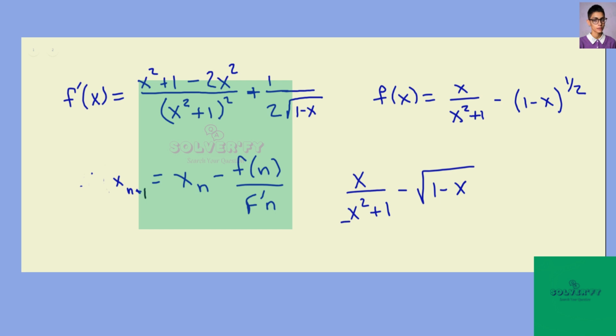So I have, that's my prime. My function is x over x squared plus 1 minus the square root of 1 minus x, over f prime, which is 1 minus x squared over x squared plus 1 squared, plus 1 over 2 times the square root of 1 minus x.